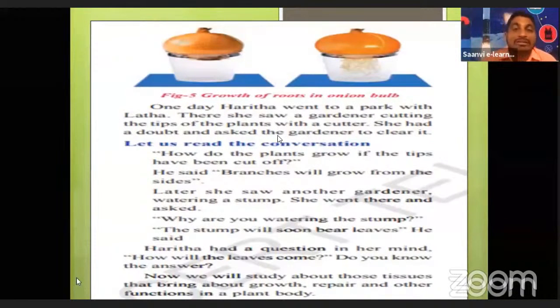We have to know about the different tissues because we are discussing multicellular plants. That particular plant has more than a single cell. So many cells are present. As I told you at the start of the session, you can see the division of labor. It is related to that only. Which tissues help grow the branches? Which tissues help grow the shoot tip and root tip?